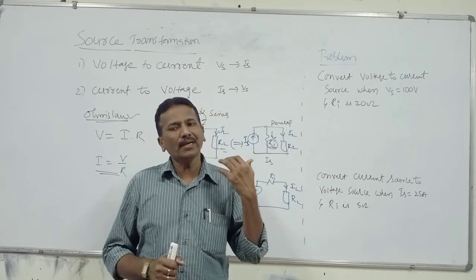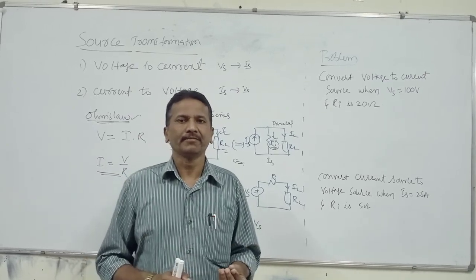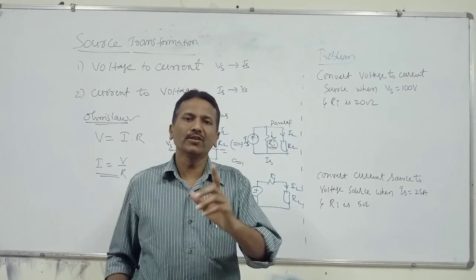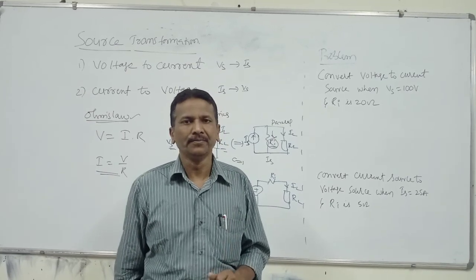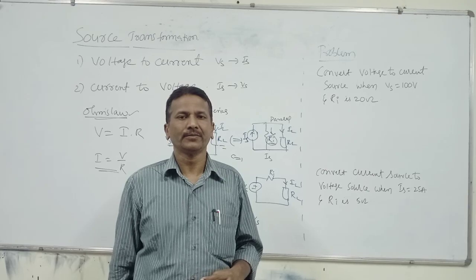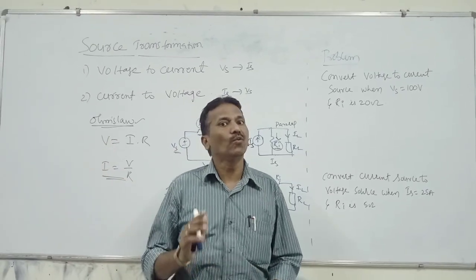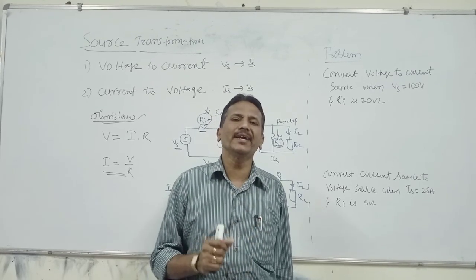If all the sources are voltage sources, your internal resistances are connected in series. If all the sources are current sources, your internal resistances are connected in parallel. These two things are very important while doing problems. So how many sources do we have? How many ways can we convert? What is the basic formula? The basic formula is Ohm's law.